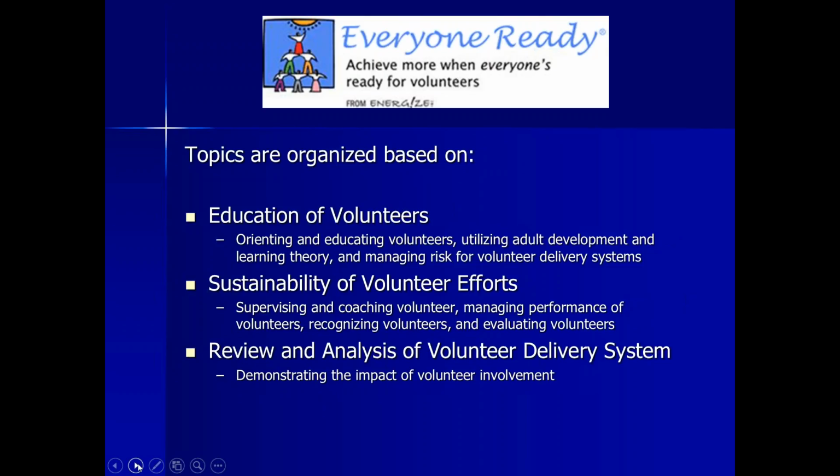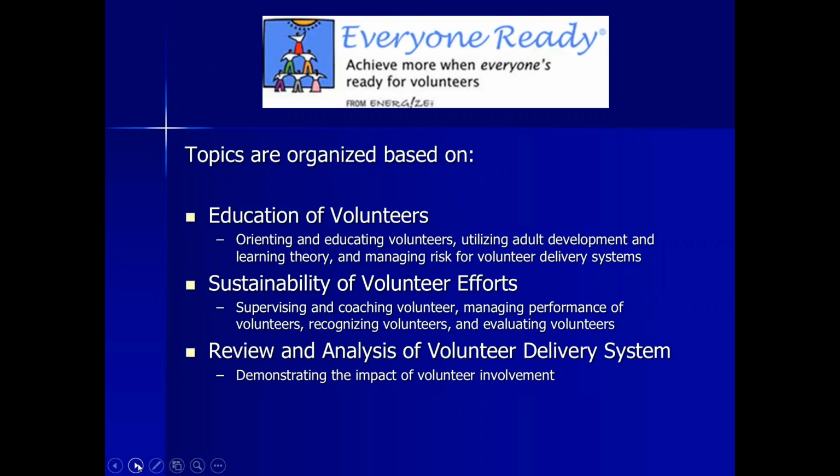And then the second set include education of volunteers, sustainability of volunteer efforts, and review and analysis of your volunteer delivery systems. I think this is just an excellent resource that is right there at your fingertips.